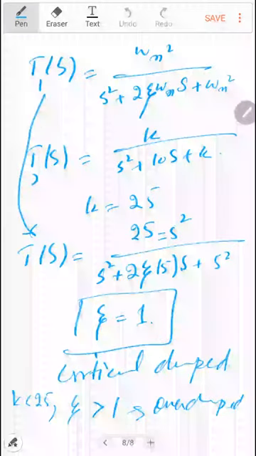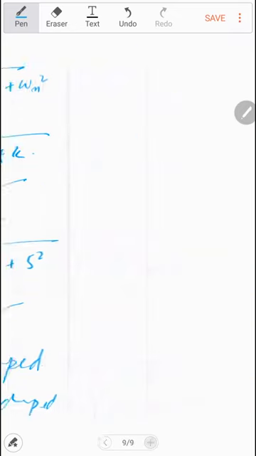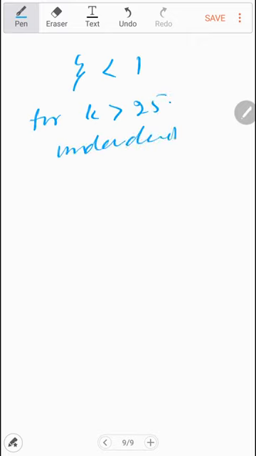Also, from the time response analysis, when k is equal to 25, zeta is equal to 1, and we are getting the critically damped system. Similarly, if you try for k greater than 25, then zeta will be less than 1, and this is called the underdamped system.